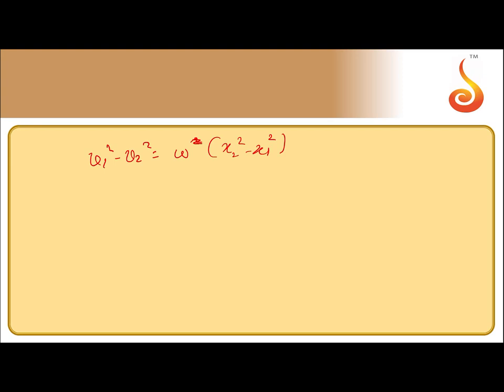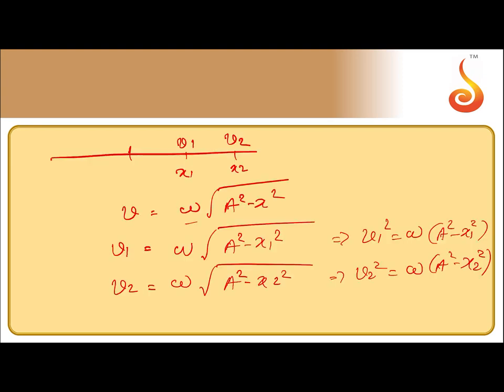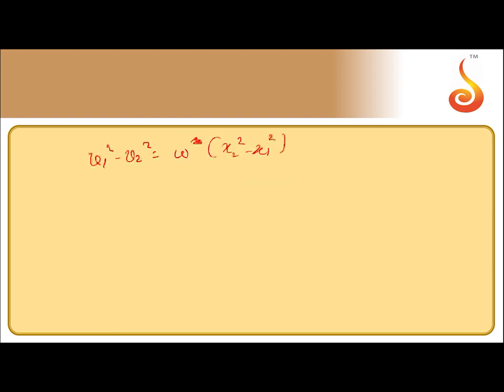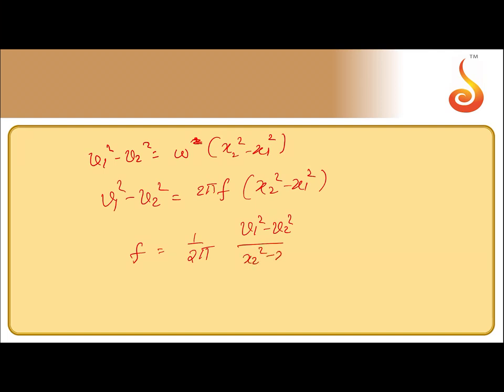So if I simplify it further, what do you get? v1 square minus v2 square is equal to omega square, where omega is 2 pi f, into x2 square minus x1 square, or f is equal to 1 by 2 pi root of v1 square minus v2 square divided by x2 square minus x1 square. Right? Yes.